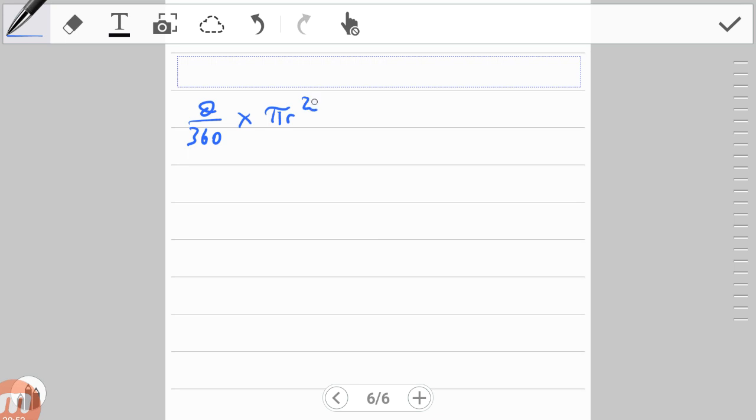Remember, it's the major sector that we're looking for. So we'll be looking for the angle that is 261 divided by 360 multiplied by 3.142 times the radius squared, which is 9.7 squared.